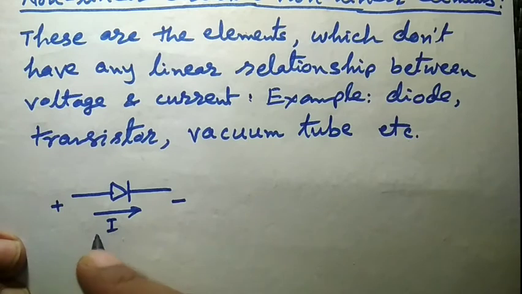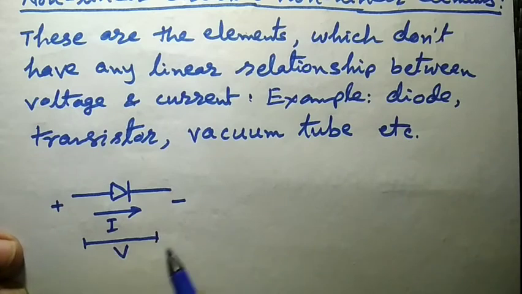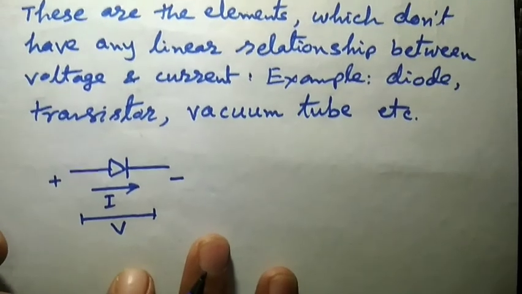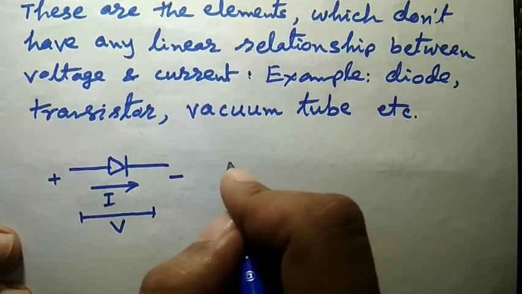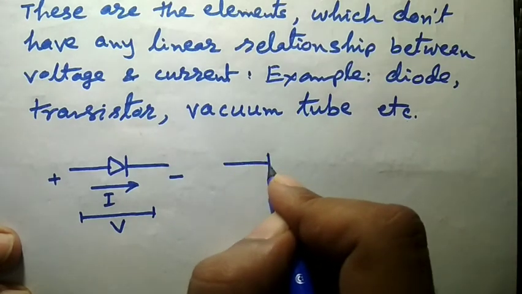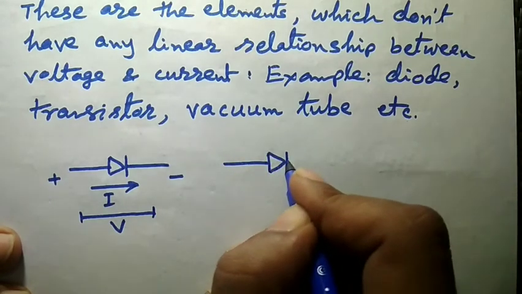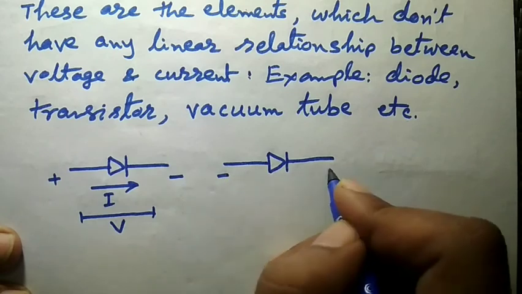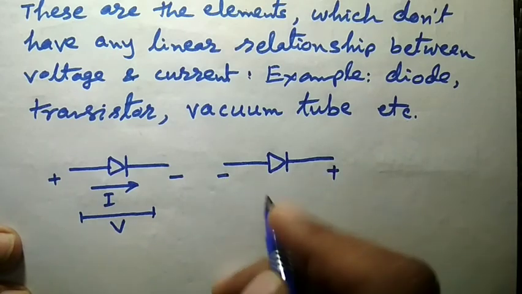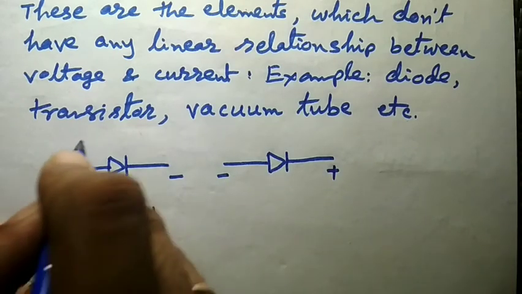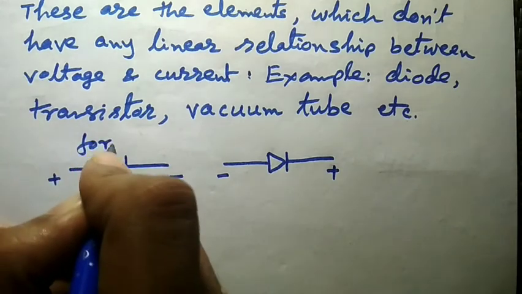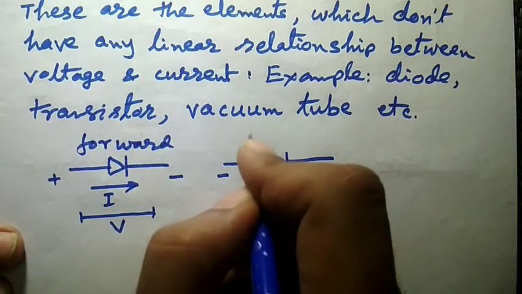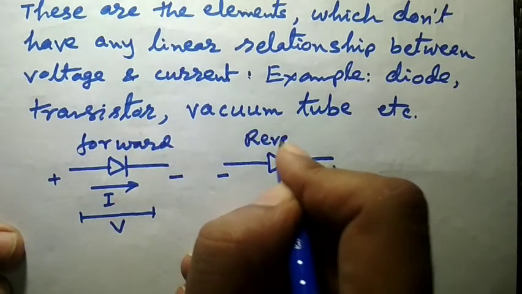Let's say I is the current flowing through the diode and the voltage across the diode is V. Similarly, if we connect the diode in reverse biased, then the polarity across the diode will be changed. So this is the diode in reverse biased. So this is the forward biased and this is the reverse biased.